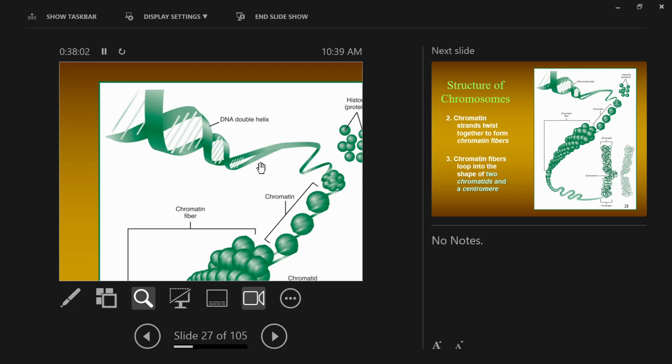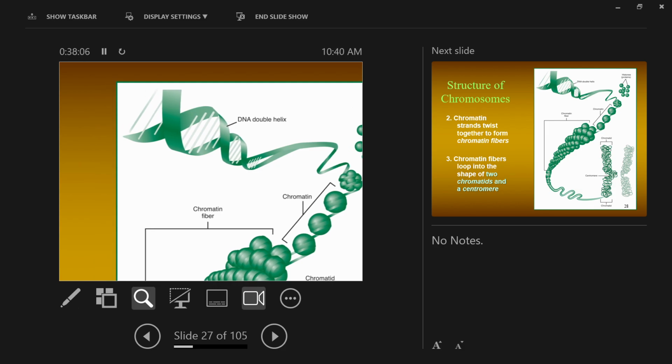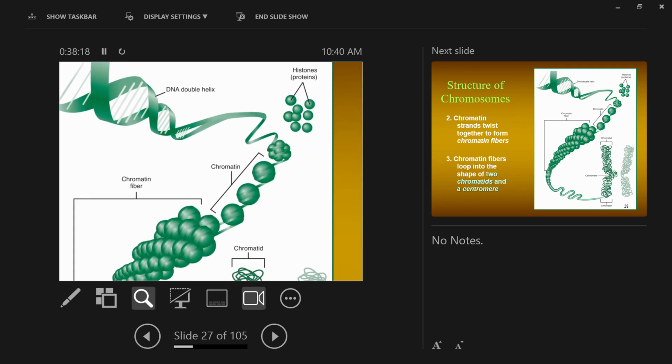So at the top left of this picture, what I've zoomed in on shows you the DNA double helix. There's your twisted ladder with your nitrogenous bases, the rungs of the ladder. Cool? The way our DNA works is to keep everything organized.